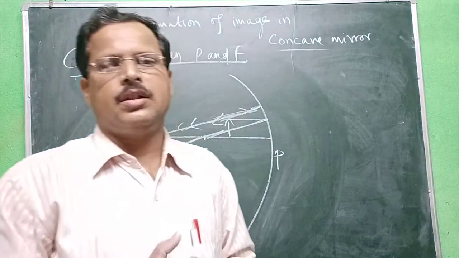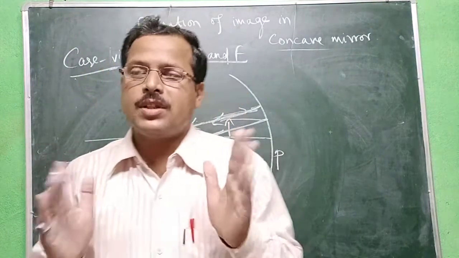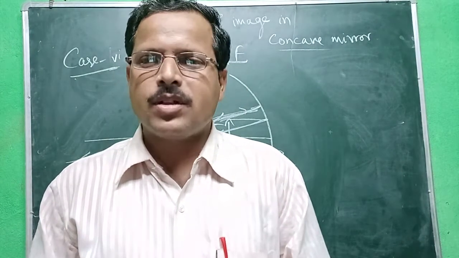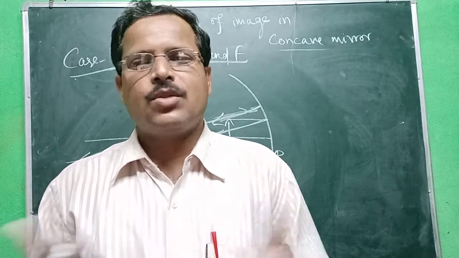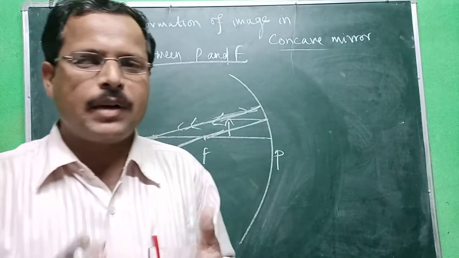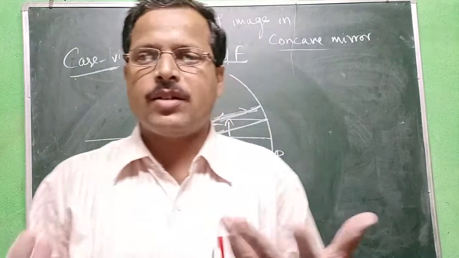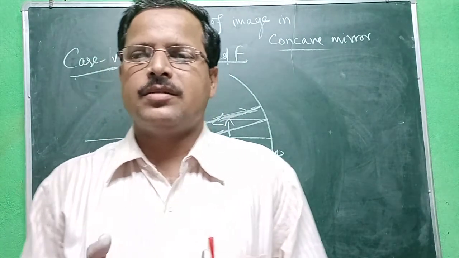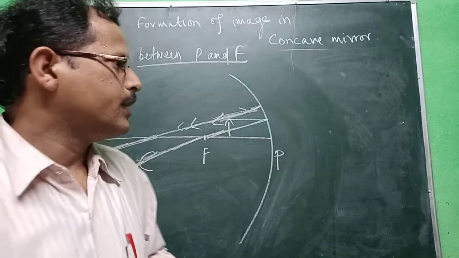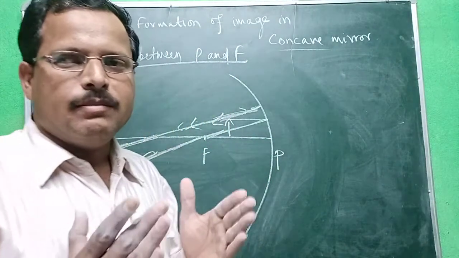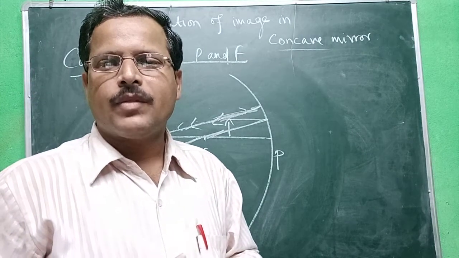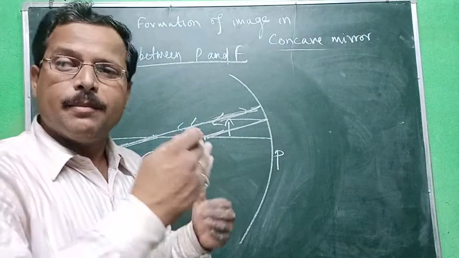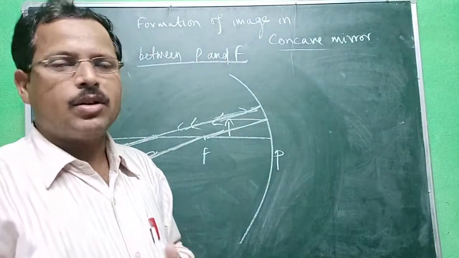both the reflected rays. So the question arises here: there is no formation of image, as both the reflected rays do not meet each other, do not intersect with each other. No, exactly not that situation here. They will meet virtually. There will be a virtual image, in the back side of the concave mirror.